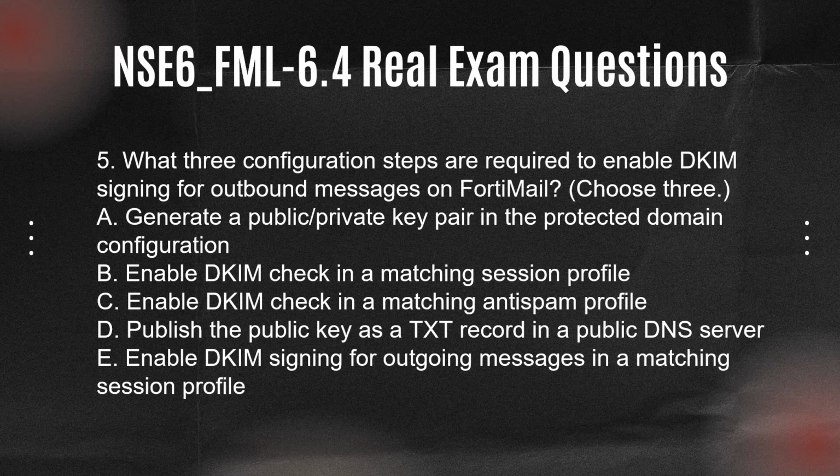C. Enable DKIM check in a matching anti-spam profile. D. Publish the public key as a TXT record in a public DNS server. E. Enable DKIM signing for outgoing messages in a matching session profile.